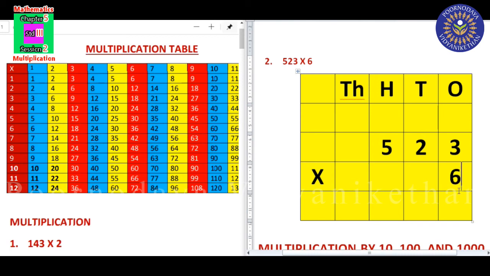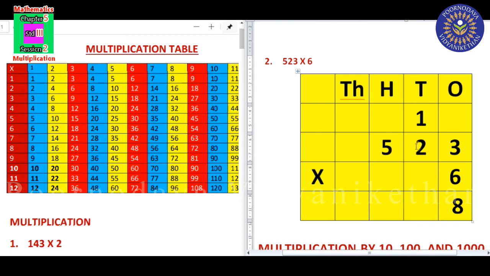So 18 is a 2-digit number. So we have to write 8 here. Then what's the carryover? 18. So 1 is carryover. That carryover you have to write in tens place.